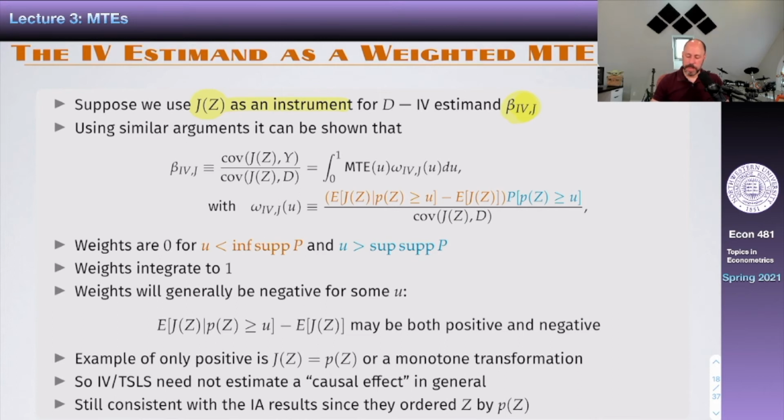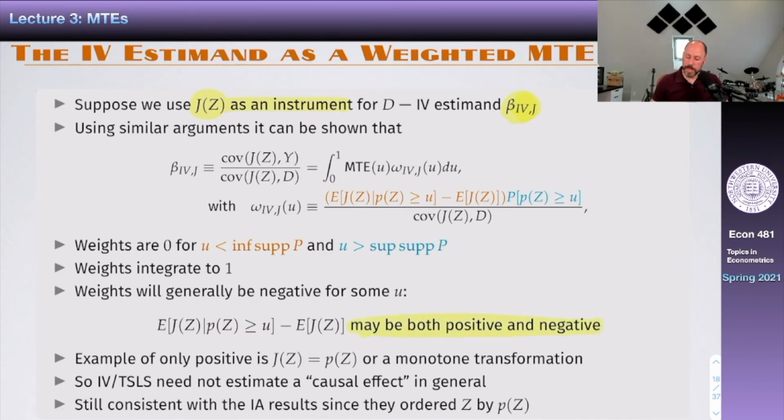The weights are 0 for U's that are outside the support of P, and they integrate to 1. But this weight here will have the feature that if you look at this quantity over here, it will be both positive and negative.